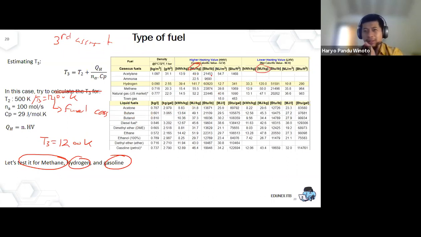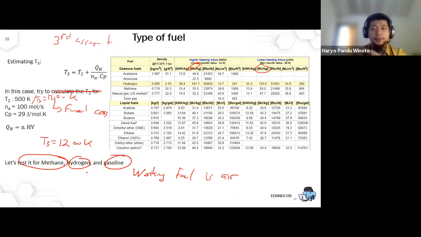This third assignment is necessary for you. I want you to prove why we can assume that the working fluid is air. Find the fuel consumption for each of them: methane, hydrogen, and gasoline.